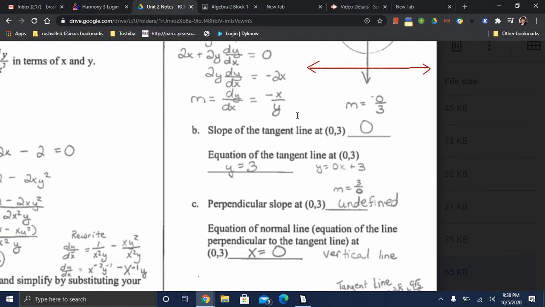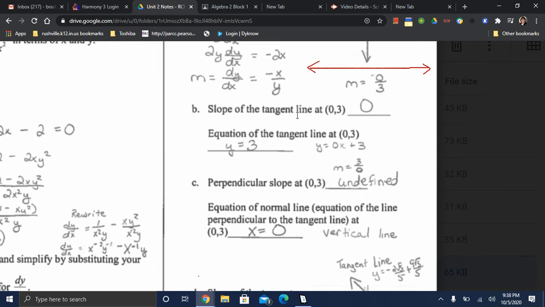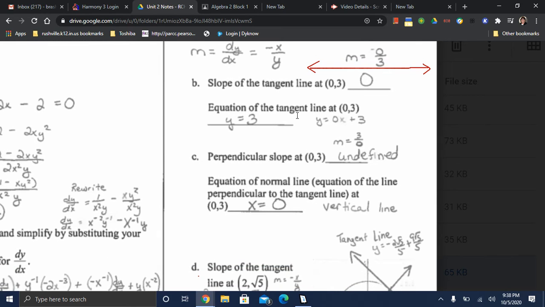As we continue to look at part C, it asks you the equation of the normal line, or the perpendicular. That has an undefined slope, which told us that it was vertical, and vertical lines have the equation x equals whatever the x is in your ordered pair.